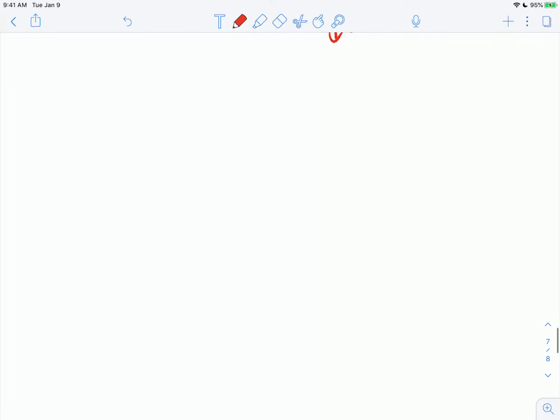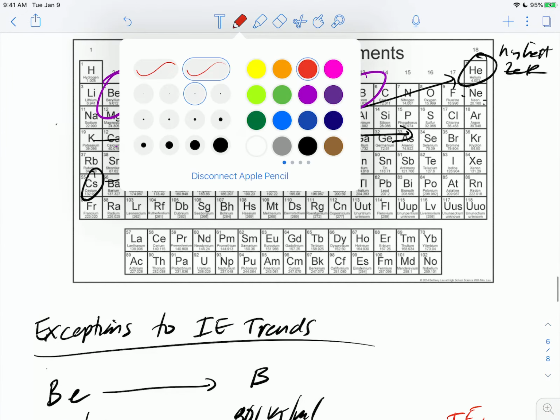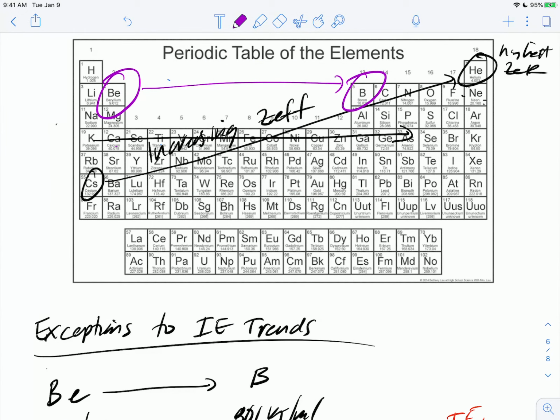Now we see another exception, and we're going to look at that as well. If we come back here, we're going to look at the exception going from nitrogen to oxygen. We see another dip.